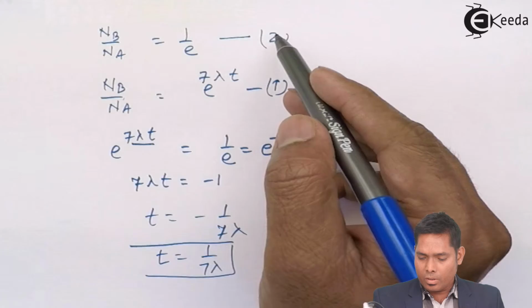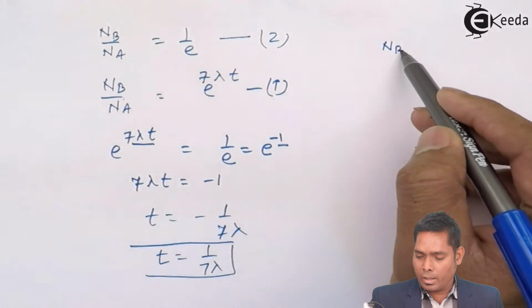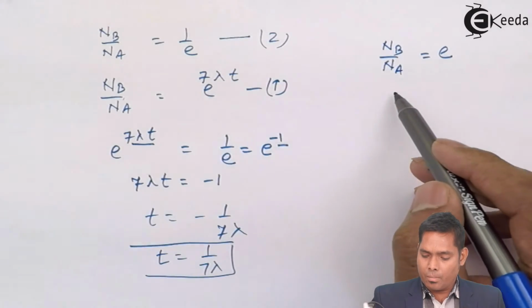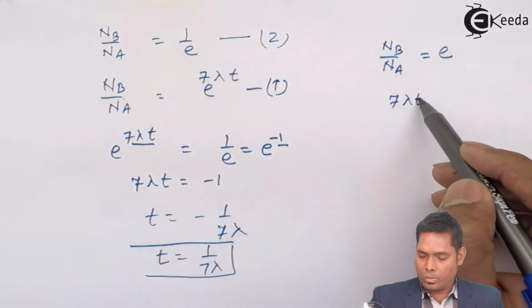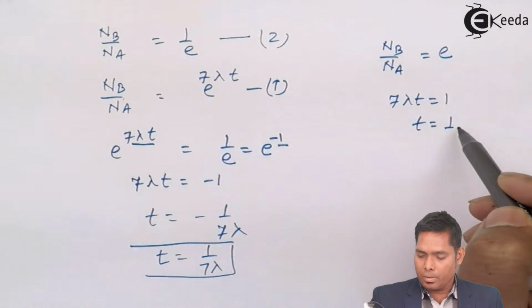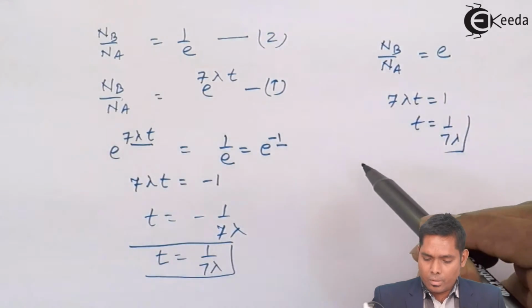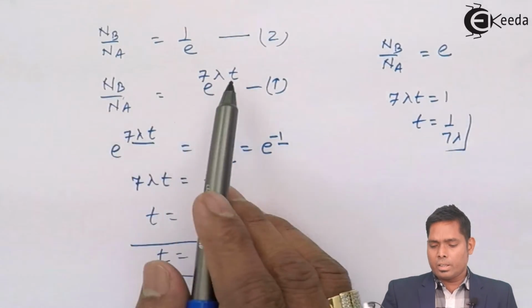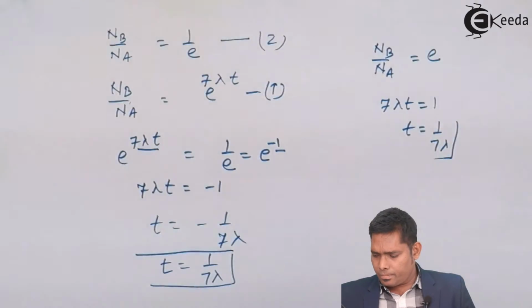If I consider this NB over NA as e, then my 7 lambda t equals 1, then t equals 1 upon 7 lambda. Because in this relation, there is no problem with that.